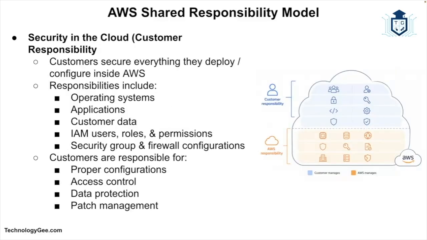And then there's security in the cloud. You, the customer, are responsible for everything that you deploy and configure inside of AWS. This includes the operating systems, the applications, the data, identity and access management, and your network configurations like your security groups and firewalls. So while AWS builds the house, you are responsible for locking the doors and securing your belongings.